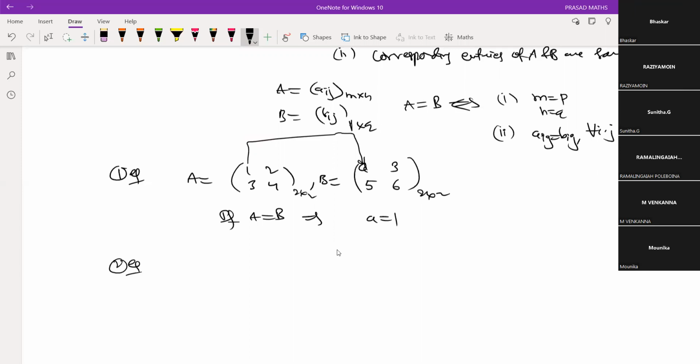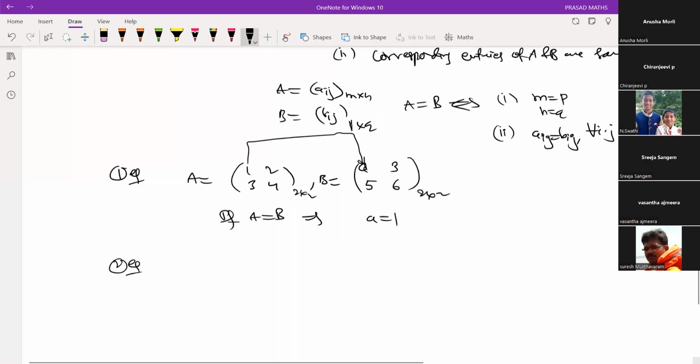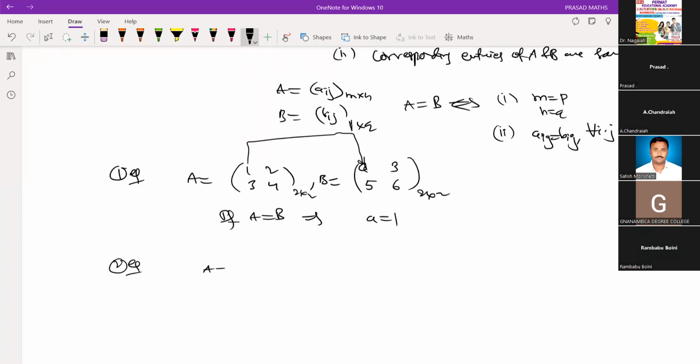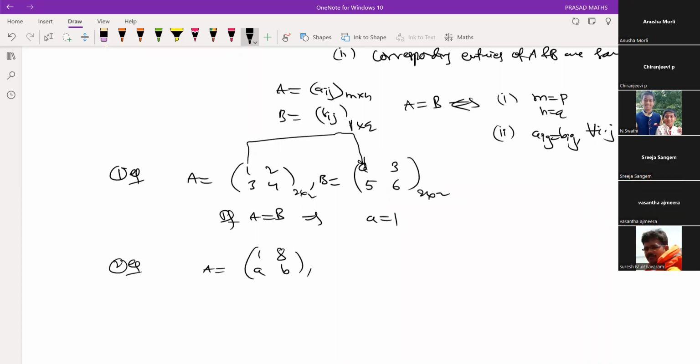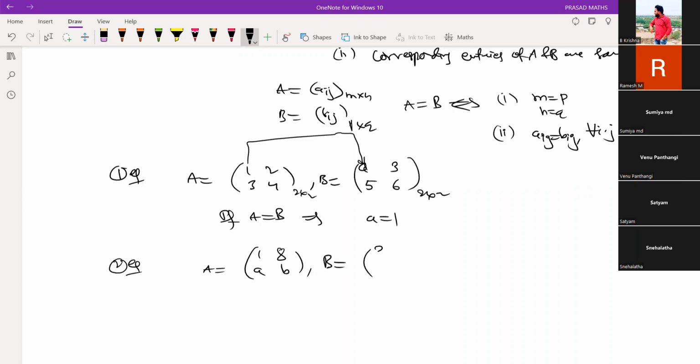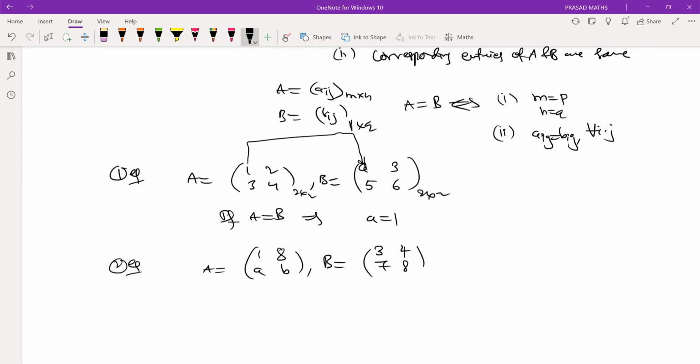Suppose you take another example. Suppose A equals 1, 8, a, b and B equals 3, 4, 7, 8. The question is, under what conditions is A equal to B?